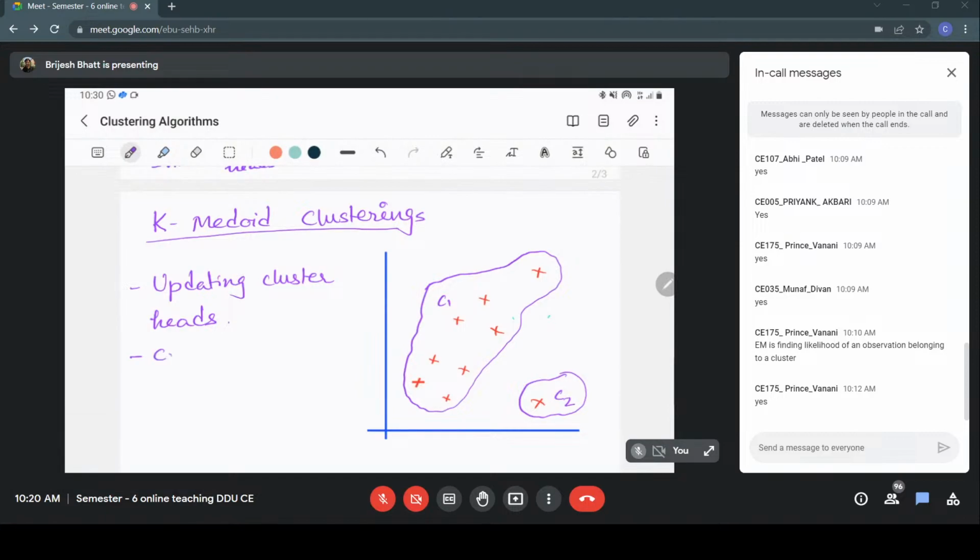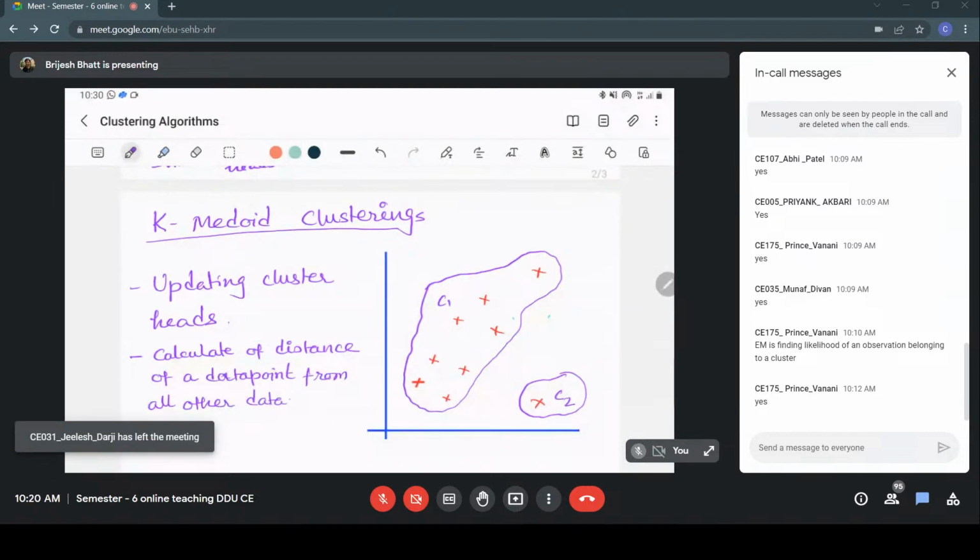So calculate the distance of a data point from all other data points of the cluster.